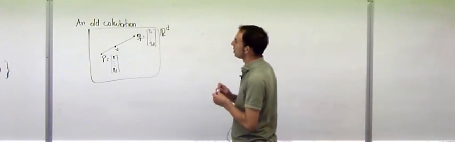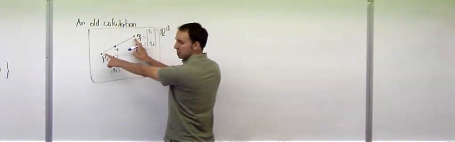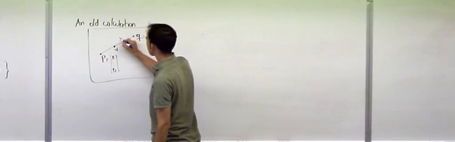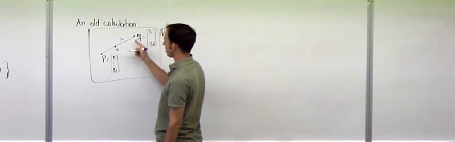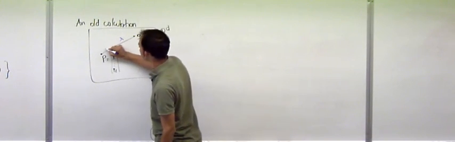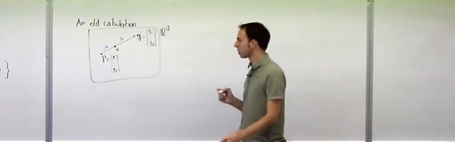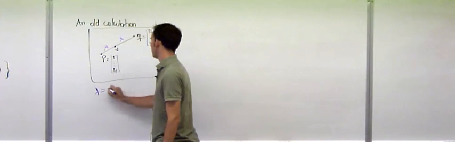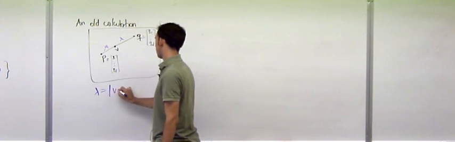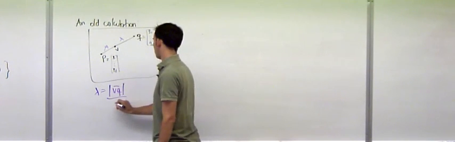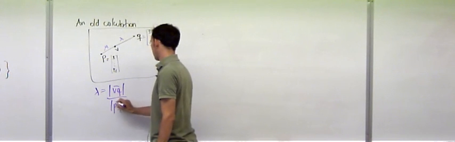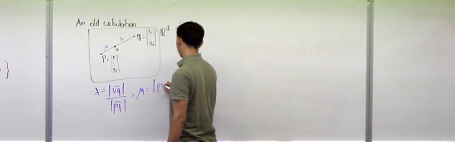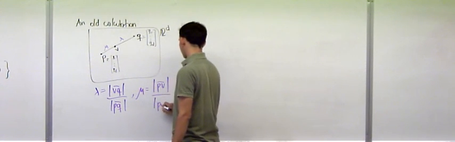You can say, okay, let's consider the length of the segment, and let's say that relative to the segment, this has length lambda, and this has length mu. Okay? So I'm defining lambda to be the length of VQ over the length of the whole segment, and mu is the length of PV over the length of the whole segment.